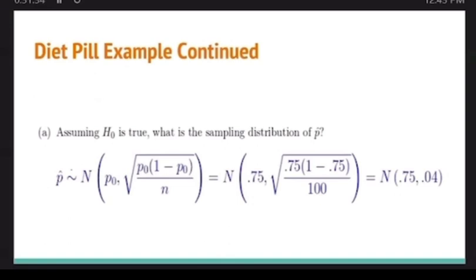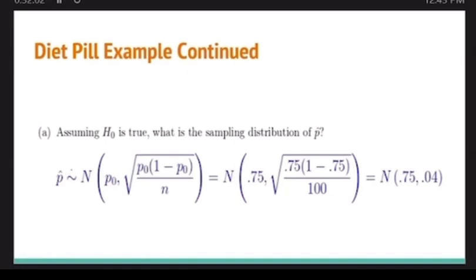Because p cap, the sample proportion, is a random variable, we want it to follow a normal distribution, and the only way that is going to happen is when these conditions, np greater or equal to 10 and n times 1 minus p greater or equal to 10, are met.